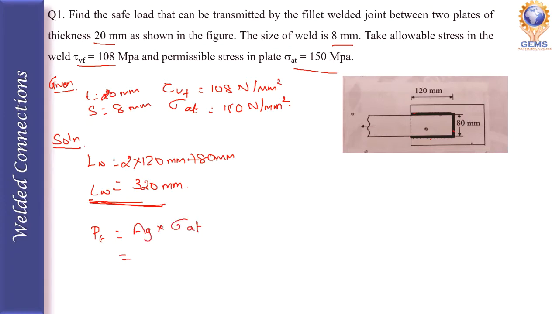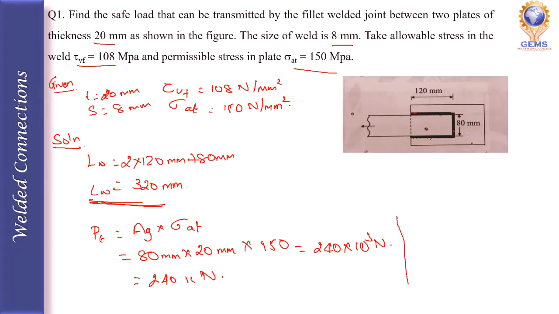The smaller area is length 80 mm into thickness 20 mm, into sigma At, 150. So that is 240 into 10 to the power 3 Newton, which is equal to 240 kilonewton.